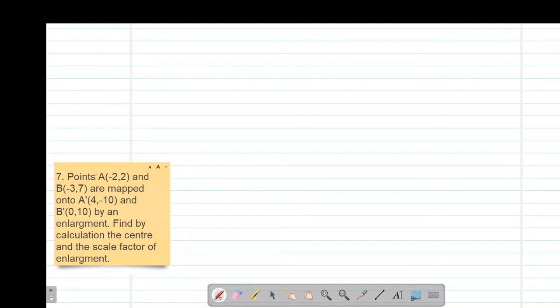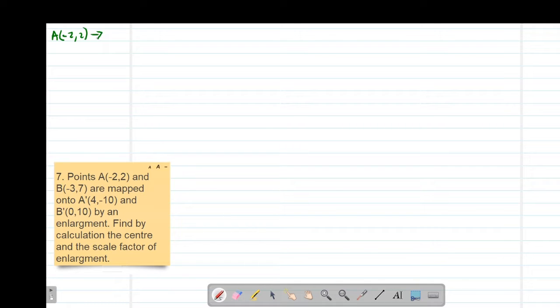So example 7 reads that points A and B are mapped onto A prime and B prime by an enlargement. Find by calculation the center and the scale factor of enlargement. So what we are going to do is to write the given points. We have the coordinate of A, which is -2, 2.